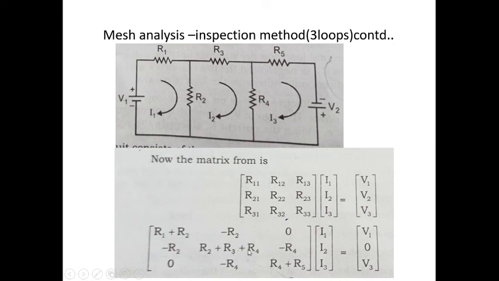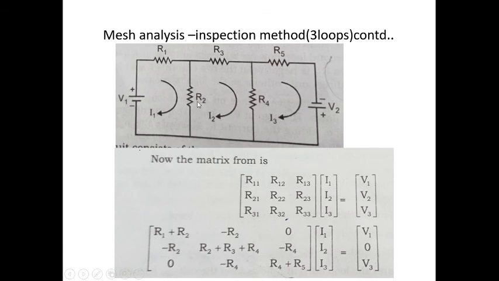Then R33, how to write it? The total resistance in the third loop, that is R4 plus R5. You can see in the third loop R4 plus R5. So we have written these. Now R12 and R21 you have to write.